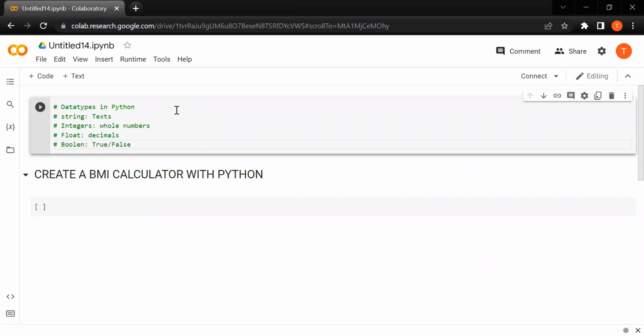So these are the major data types in Python. We have strings, integers, floats, and Boolean. I don't want us to forget this.